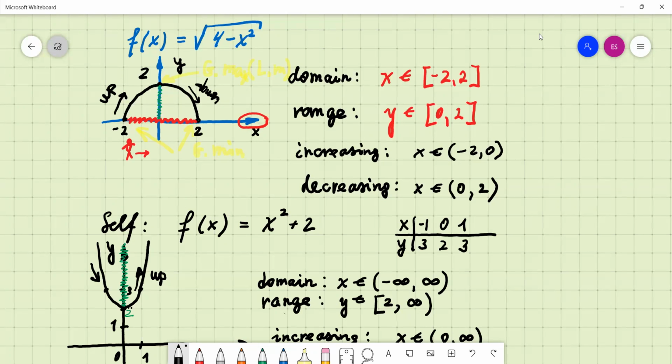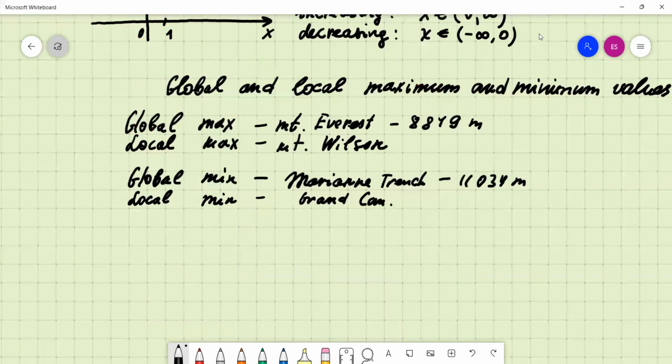For right now, we're not going to be very concerned about how to distinguish them. I'm going to give you questions where everything is going to be clear. But for a clearer understanding, for a local maximum, your function must look like a hill, something like this.